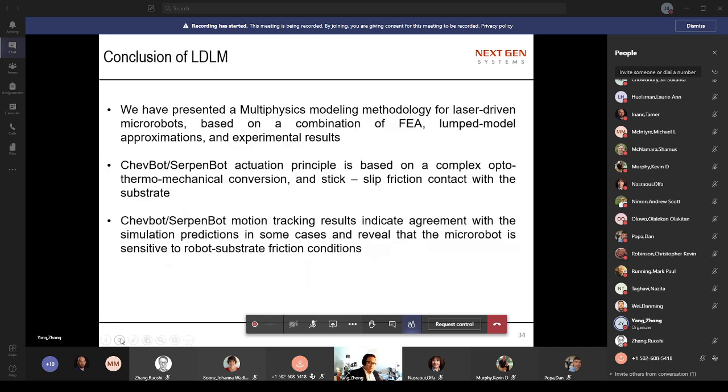Okay, here are some conclusions of my research. For the laser-driven locomotive micro robot, I have given a systematic way to model the multi-physics behind this type of micro robot. That involves FEA, lumped models, and experiments. And we found that this micro robot has stick-slip motions. We also applied this knowledge to design a new type of thermal actuator in a new microrobot called a serpent bot.